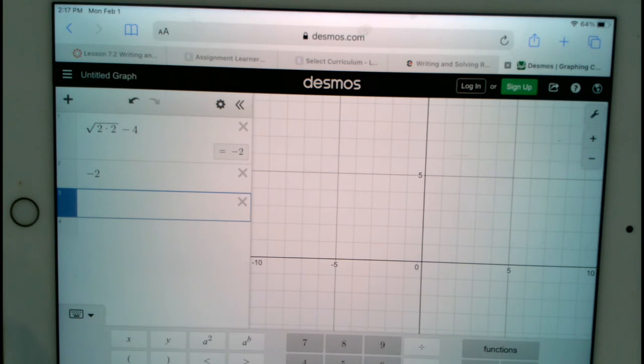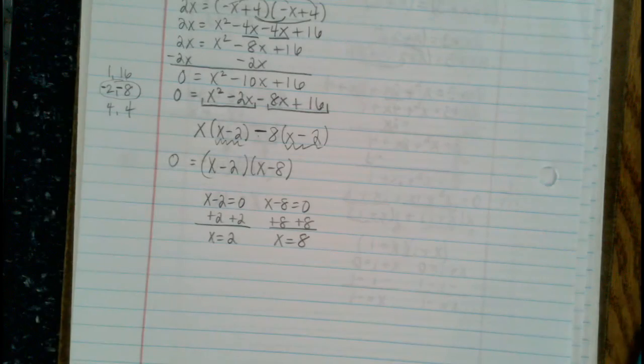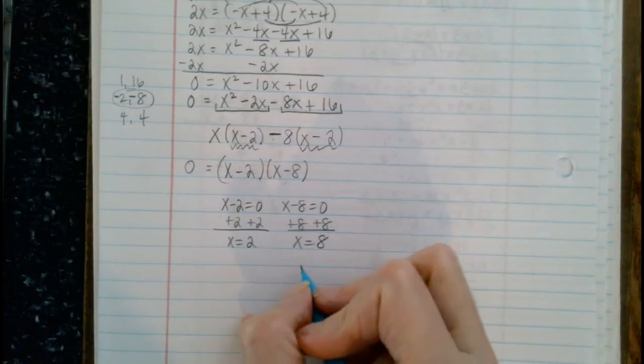So we need to do the second one, which is going to be the square root of 2 times 8, and then arrow out of that, minus 4. And what we want this to equal on the other side is negative 8. Well, the square root of 2 times 8 minus 4 is 0, which means that when we go back to our problem here, that 8 is extraneous.